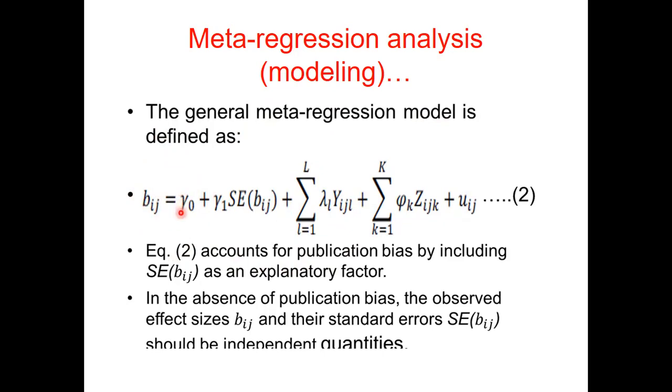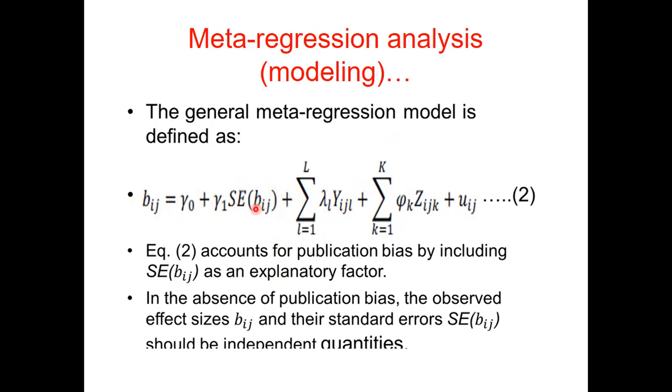This one will be your gamma, like the alpha in a normal regression, which simply stands for the total effects when all these other factors are held constant. Now, the standard errors will also have to be loaded as part of an independent variable.